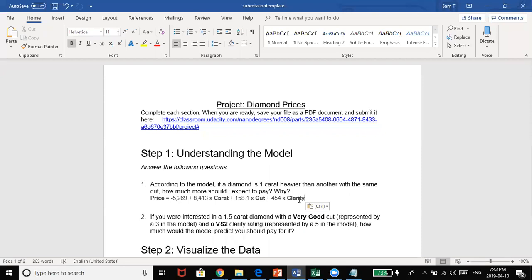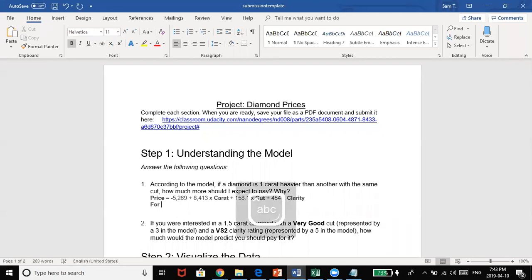This is basically an equation of a straight line. So what you can do is apply 0 to the cut and 0 to the clarity, and then apply the variable 1 to the carat, and you'd notice that, let's just do it for an example.